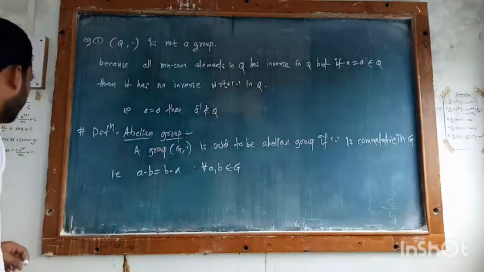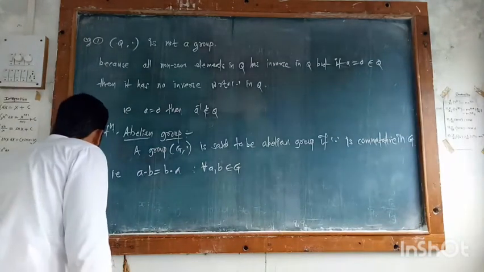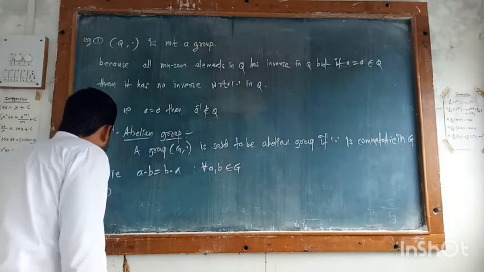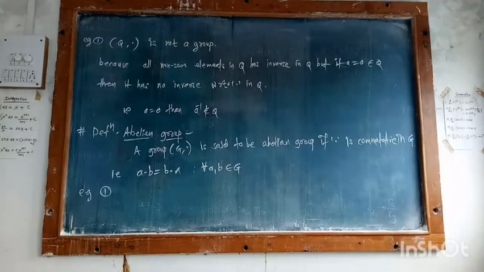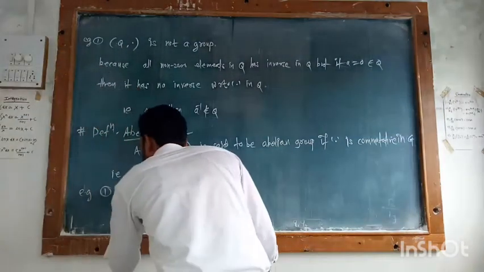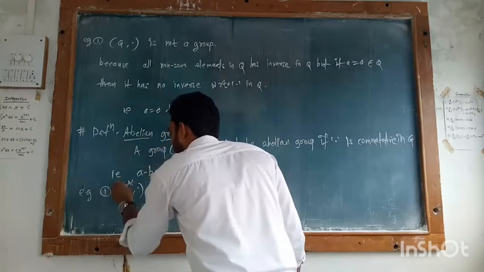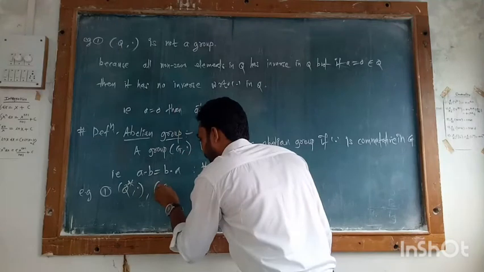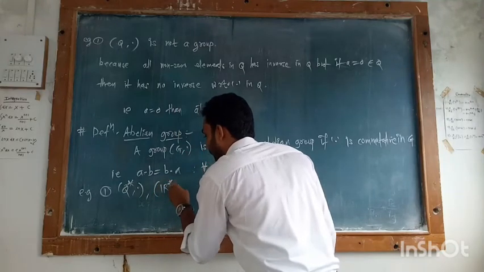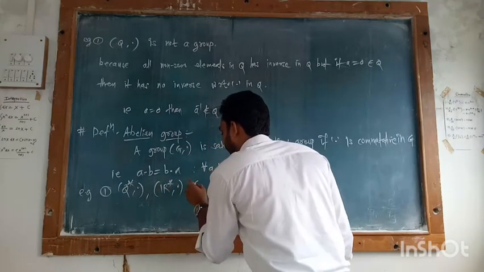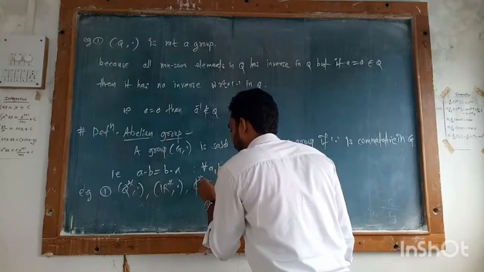So let's take the examples. Your first example on abelian group: Q star with binary operation dot. Next example, R star with binary operation dot, and C star with binary operation dot.